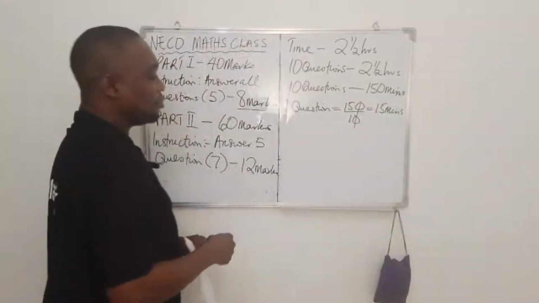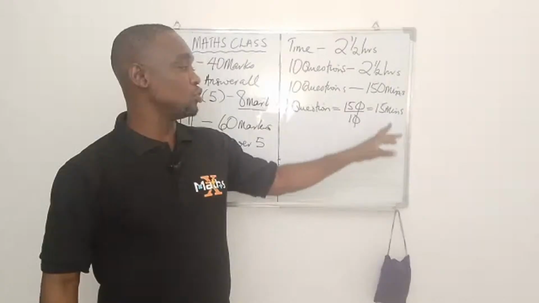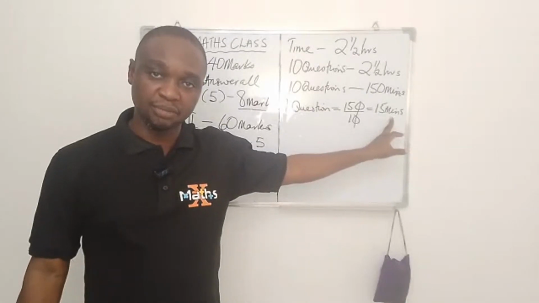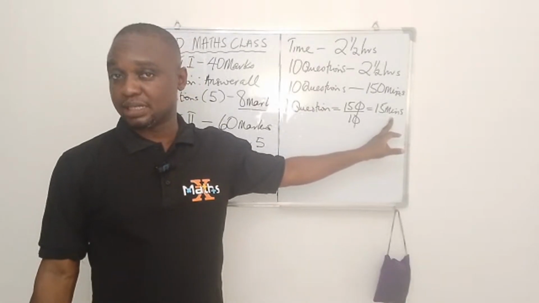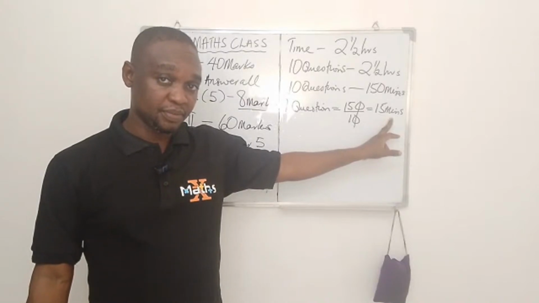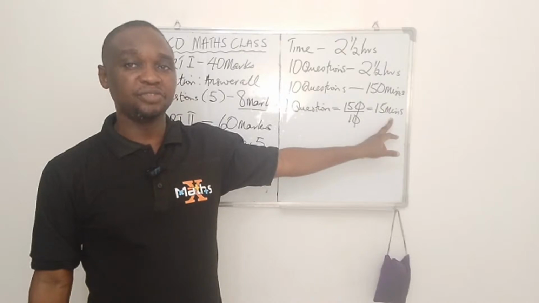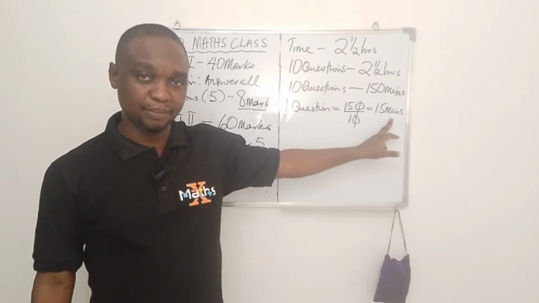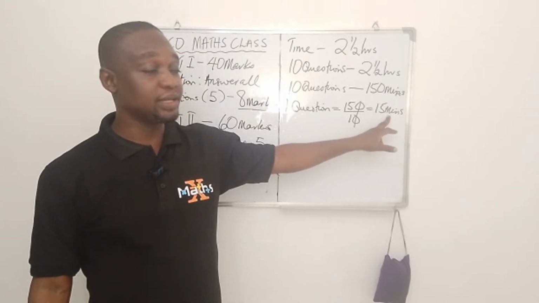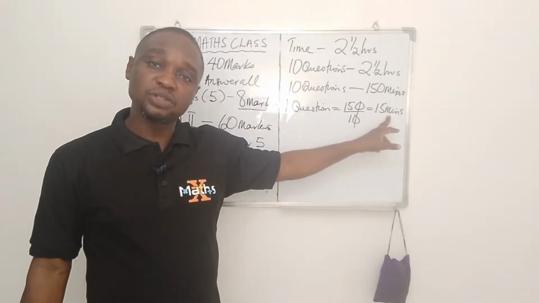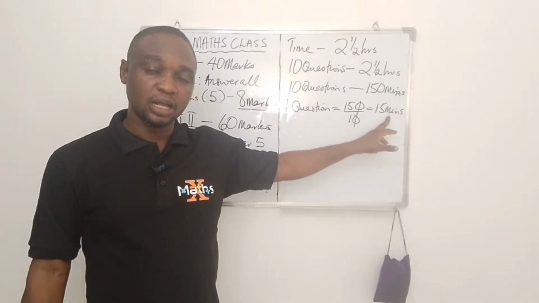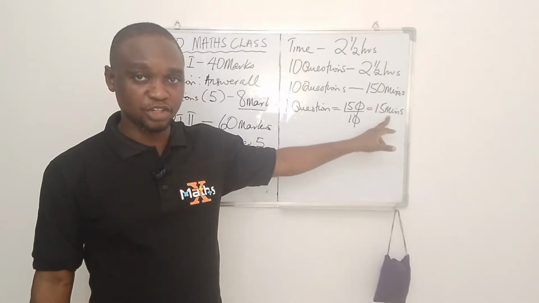As a rule, do not spend more than 15 minutes on any question you are attempting, any question of your choice. Or else, if you exceed this time on any question, most likely you're not going to finish. And that will not be in your best interest.